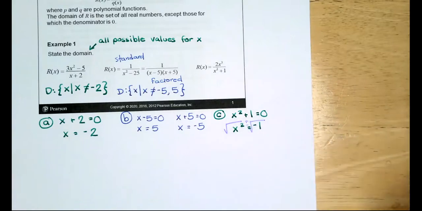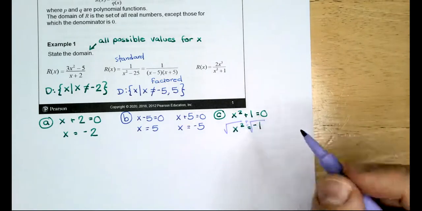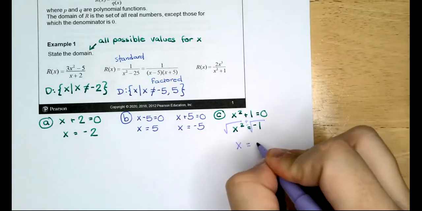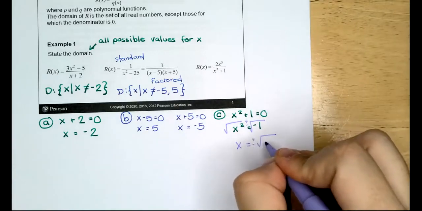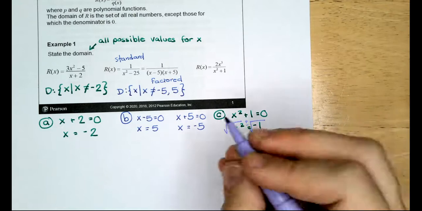However, what happens if we have a square root? We did the square root because it undoes the square. So the square root of x squared is just x, but I'm left with plus or minus the square root of -1 under a radical, right? And what do we know about a negative number under a radical? That is just no solution, right?